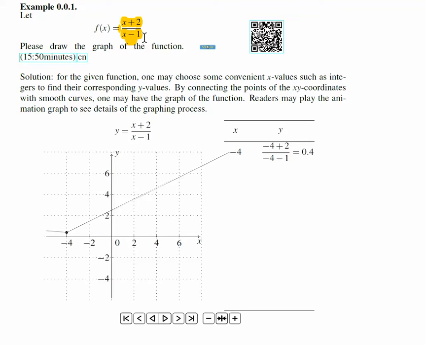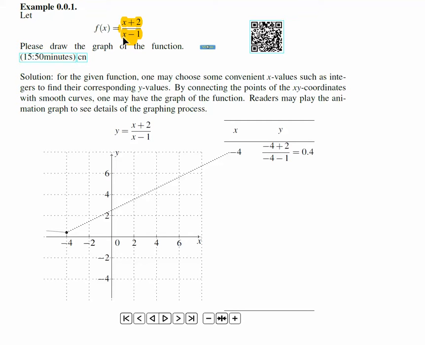It is clear to notice that when you plug in x equals -2, -2 plus 2 in the numerator, you will get 0 for the numerator. And for sure, x equals -2, we will choose this point.